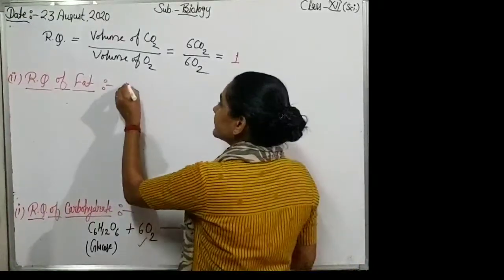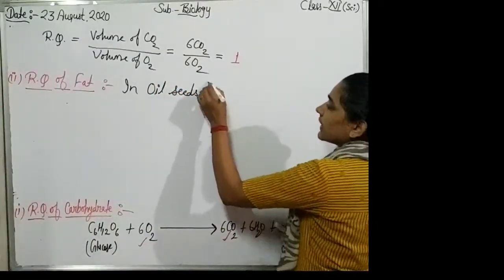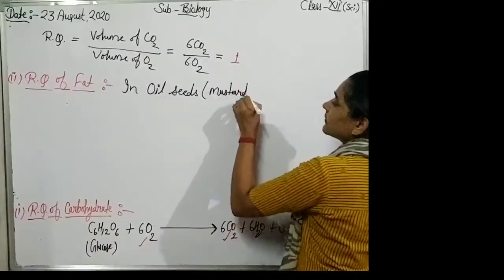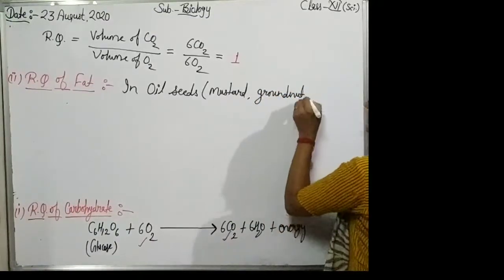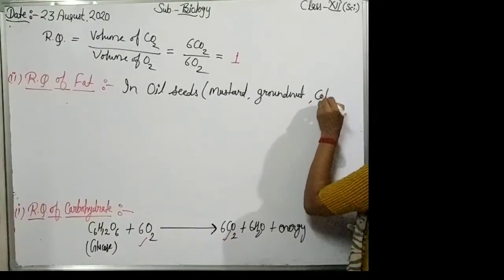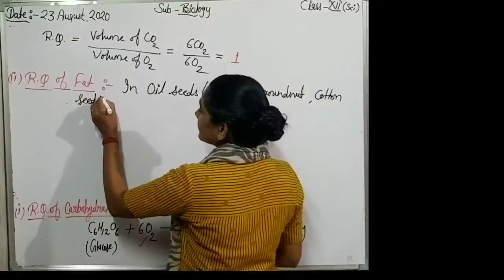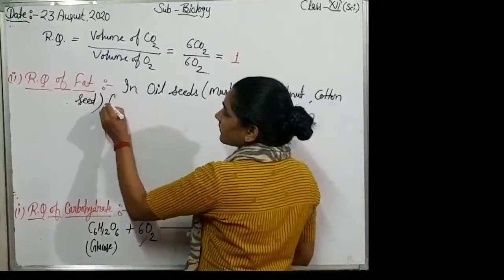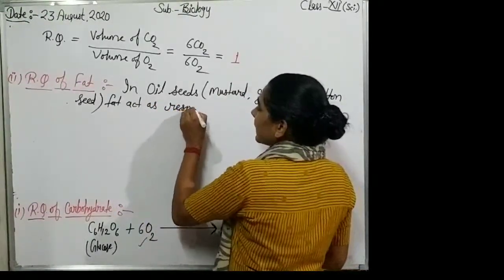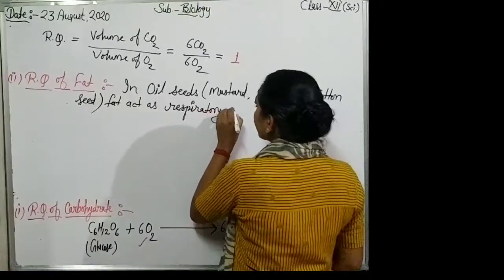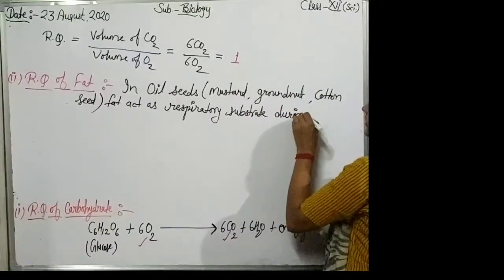In oily seeds like mustard, groundnut, cottonseed, fat acts as respiratory substrate during germination.